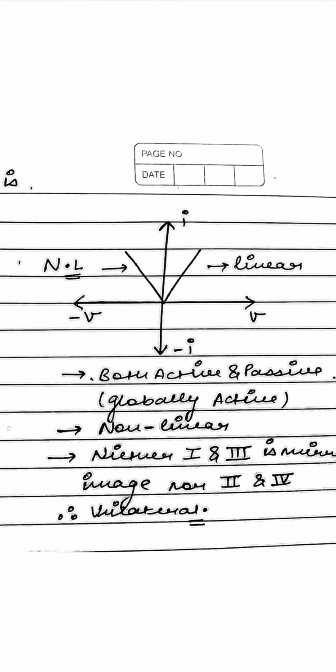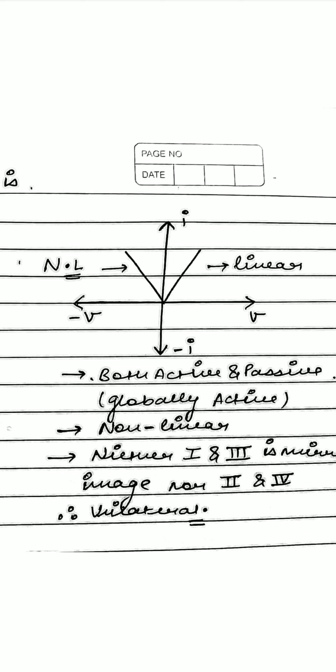In this case, as you can see, it is active and passive both. I've already discussed that whenever the element is both active and passive, we have to say that it is globally active. If the option is given as both active and passive, then mark that option.